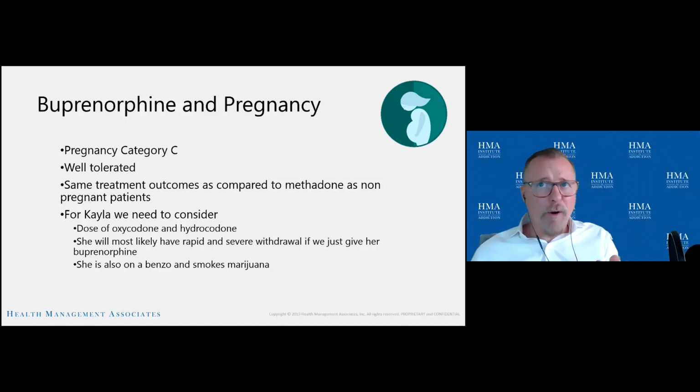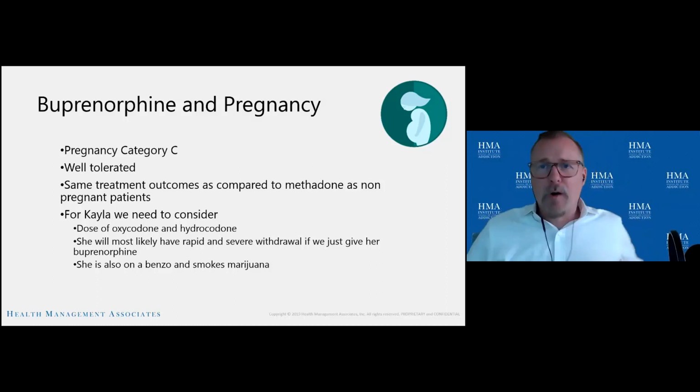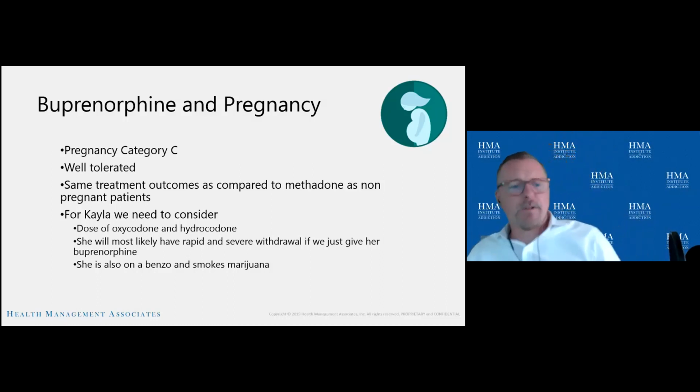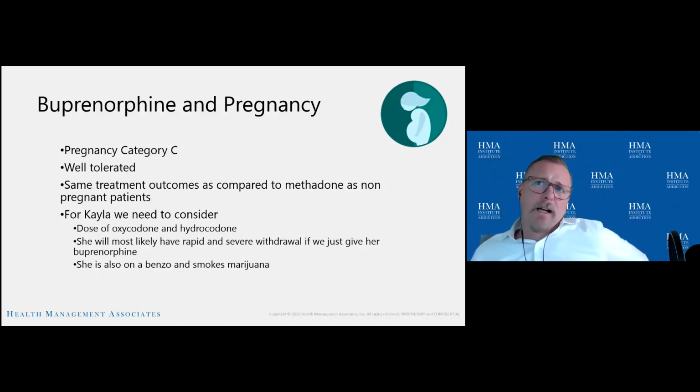However, the mono product is diverted a lot. So my patients, I generally only use the combination product, like Suboxone, Bunavail, Zubsolv, those products, rather than Subutex, which is the straight up buprenorphine.